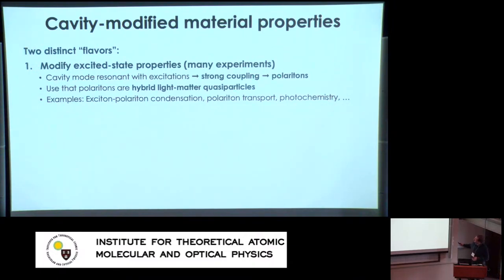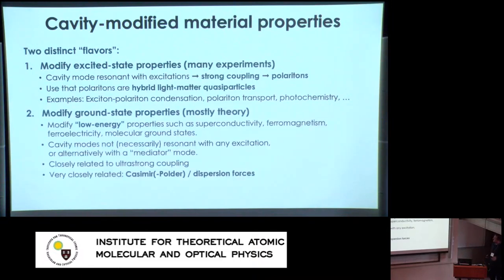I get strong coupling, I get polaritons. Polaritons are hybrid light-matter quasi-particles, so they really have mixed properties, and I can do things like exciton polariton condensation, polariton transport, photochemistry. Joel discussed it. That's also not always trivial.